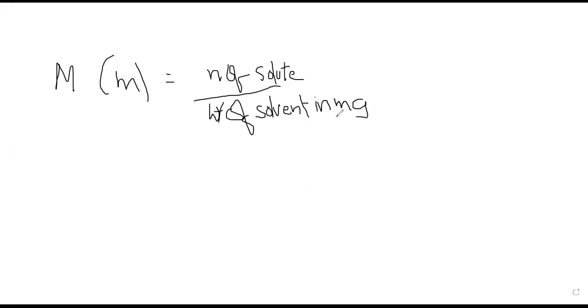Earlier, in molarity, we had taken the volume of the solution.